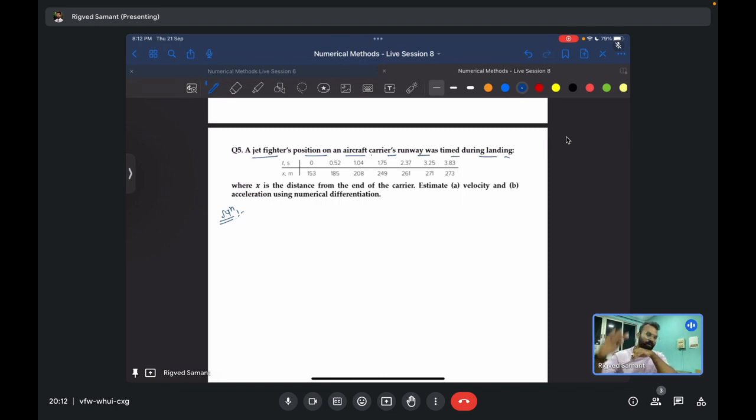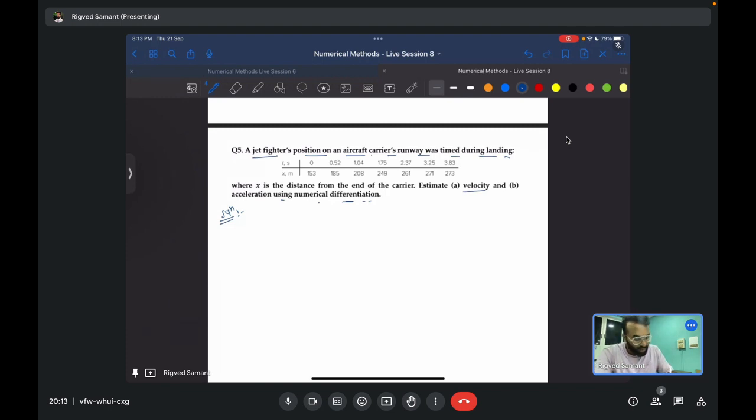So let's say you saw it the first time from the deck and said it is 153 meters away, then 185 meters away, then 2880 meters away, and so on. The distance from the end of the carrier was calculated, and it asks you to estimate the velocity and acceleration using numerical differentiation.